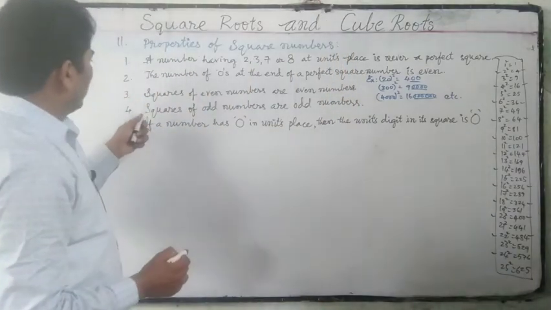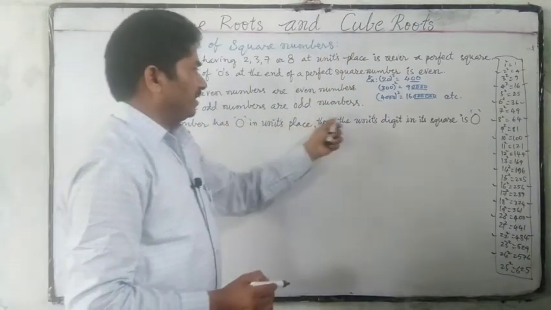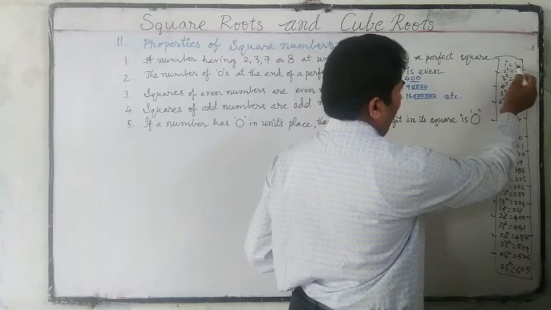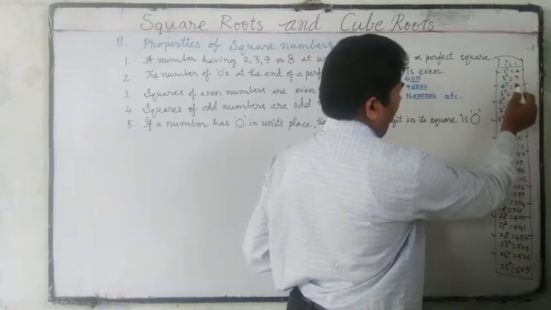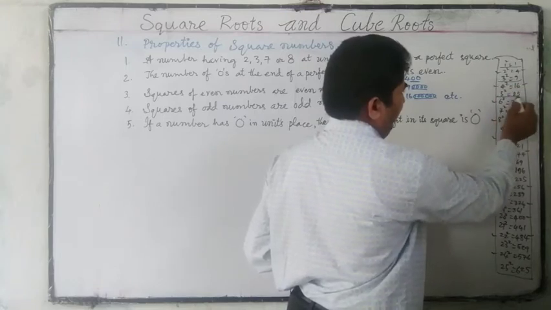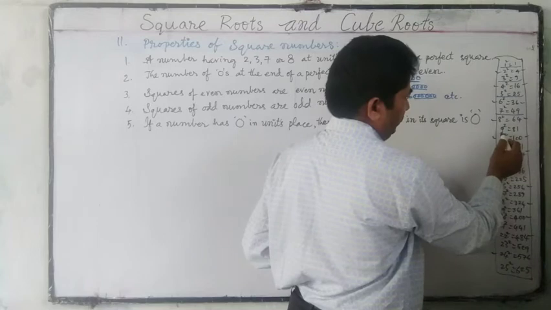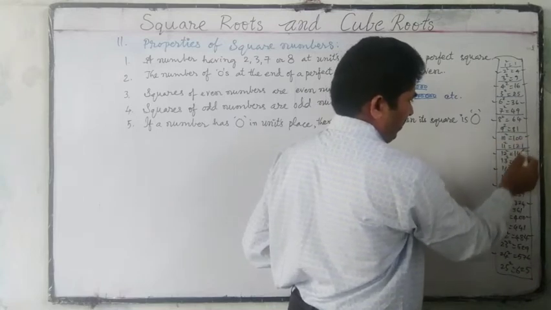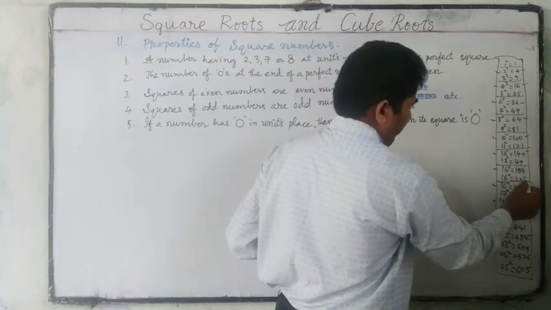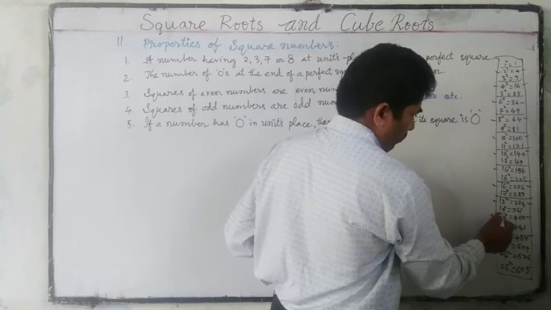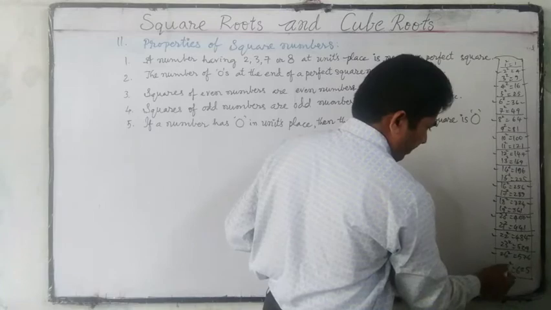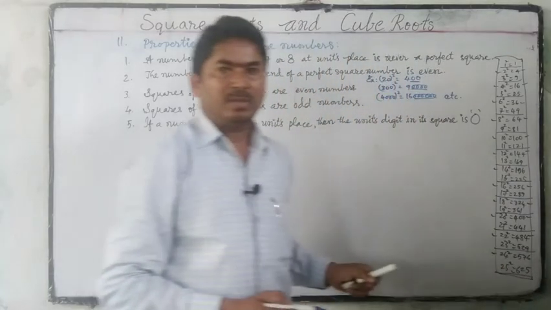Next, squares of odd numbers are always odd numbers. We can easily understand. Here we have 1 is an odd number, square of 1 is 1, square of 3 is 9, square of 5 is 25, square of 7 is 49, square of 9 is 81, square of 11 is 121, square of 13 is 169, square of 15 is 225, square of 17 is 289, square of 19 is 361, square of 21 is 441, square of 23 is 529, square of 25 is 625.